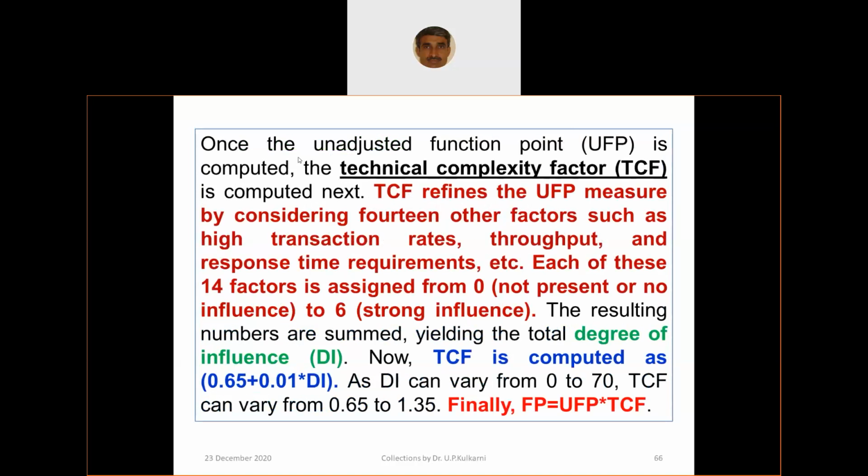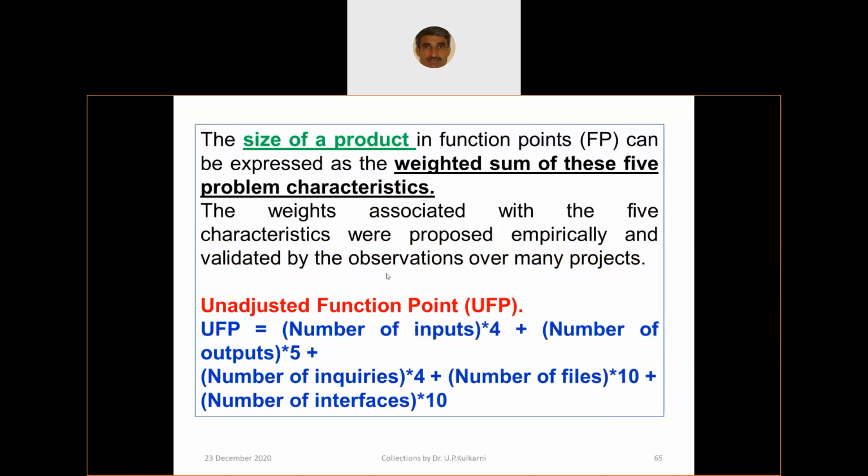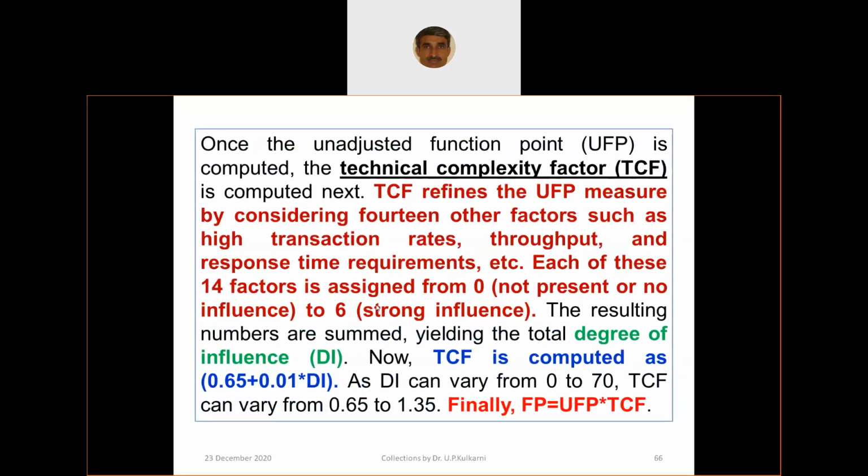Once the unadjusted function point is computed, the technical complexity factor TCF is computed next. TCF refines your unadjusted function point UFP measure by considering 14 other parameters such as high transaction rates, throughput, and response time requirements.